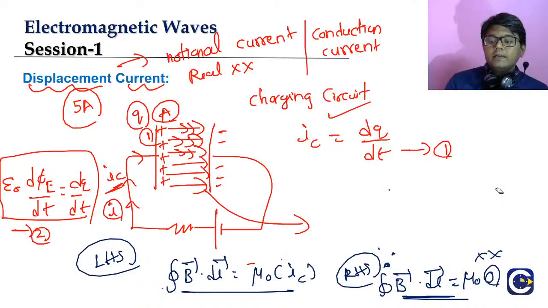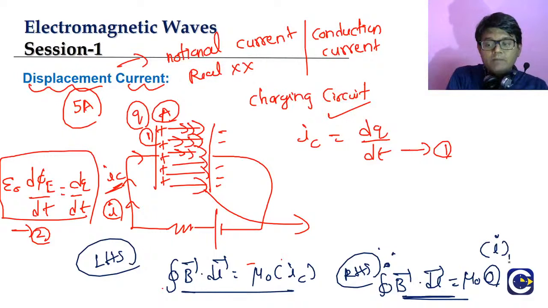What is the equivalent term for the IC? Because on the right hand side also we should have a current term like that, which from now onwards we will call displacement current. In the Ampere loop rule formula, mu naught into something should be coming, and the term that comes there should be equivalent to current.